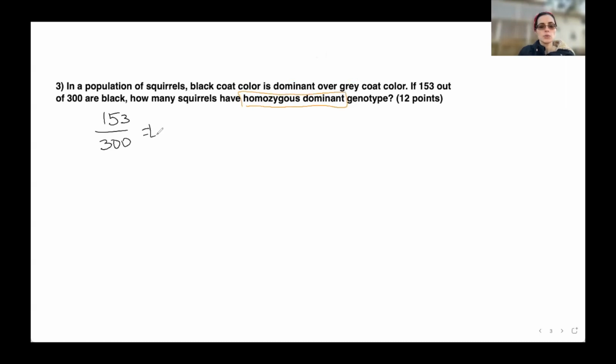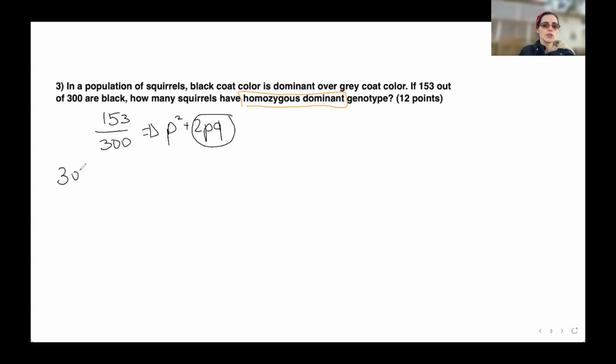All right, so that would be p squared plus 2pq. We need to take this part out. So how do we do that? Well, let's think about it. If 153 squirrels are black, it means that the rest of them are gray. And all the gray squirrels have to have homozygous recessive genotype.